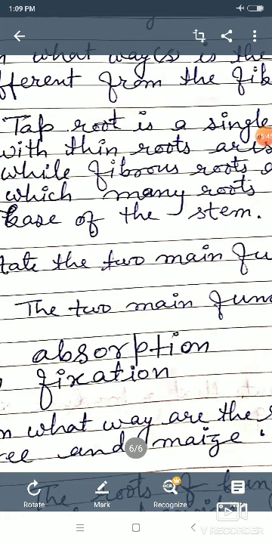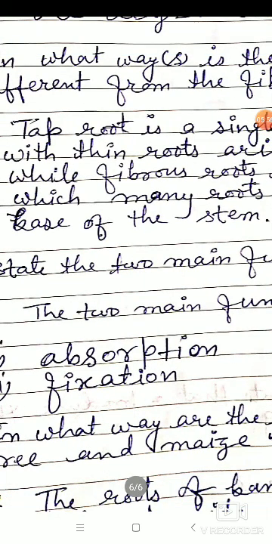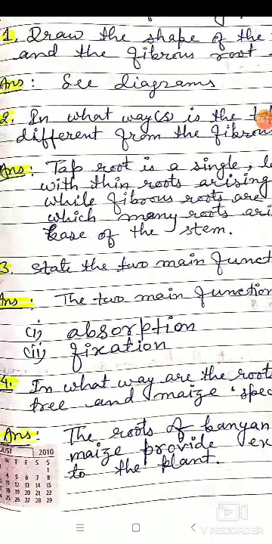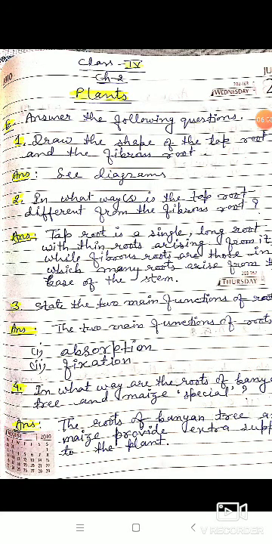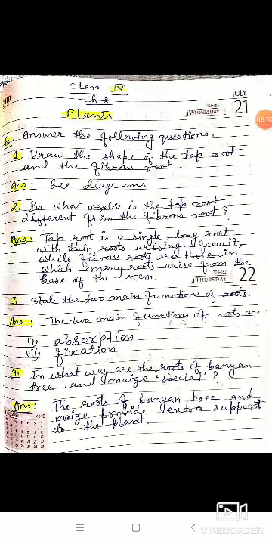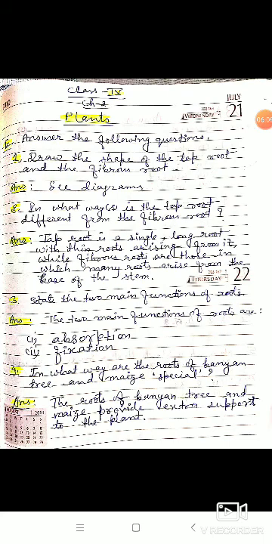The second word is fixation, F-I-X-A-T-I-O-N. You have to pronounce this word also. These are the two words you have to learn, and these are the words you can write for the main functions of the root.